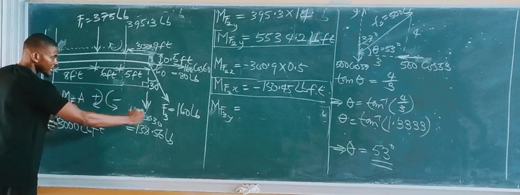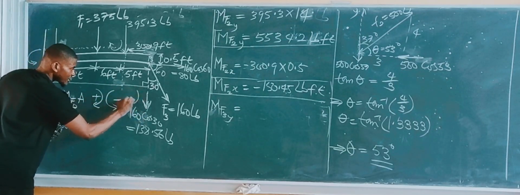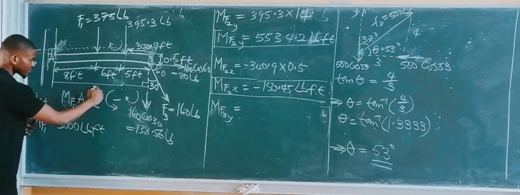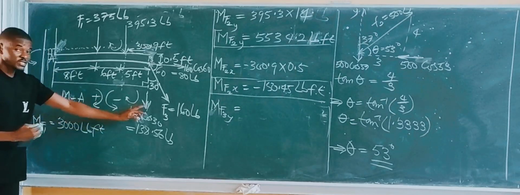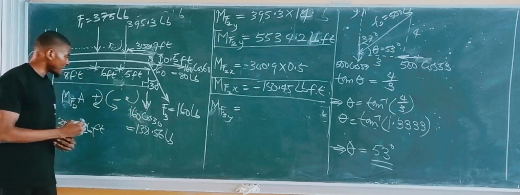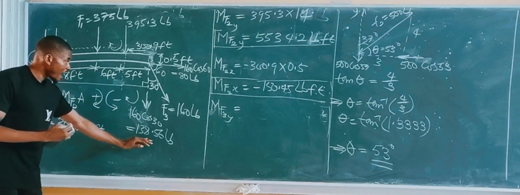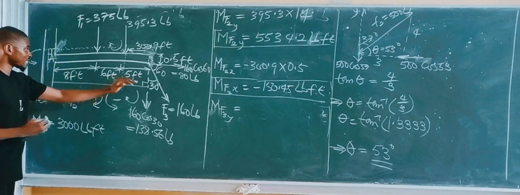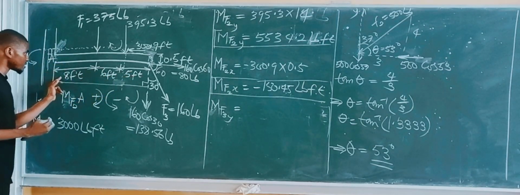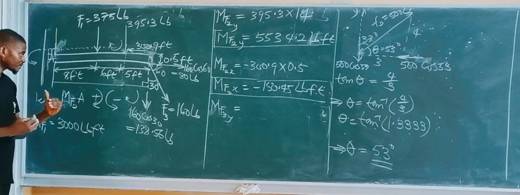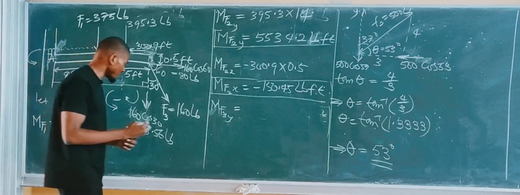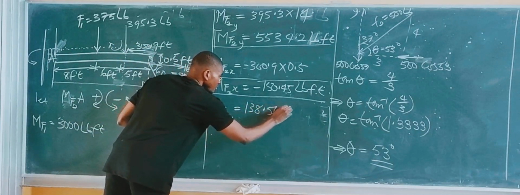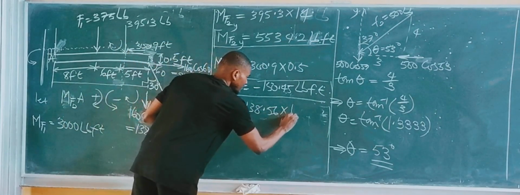Also, since the force is pointing downwards, it's going to turn about this point in this direction, and that's clockwise, which is positive. So the moment of this force is positive. The value becomes the force times the distance it takes to get to point A, and that distance is the sum of 5, 6, and 8, which is 19. So the moment of that force becomes 138.56 multiplied by 19 feet.